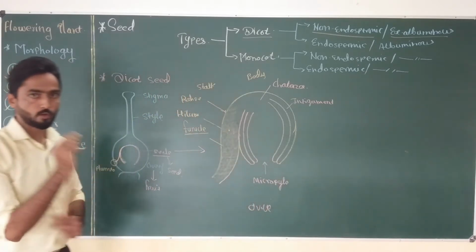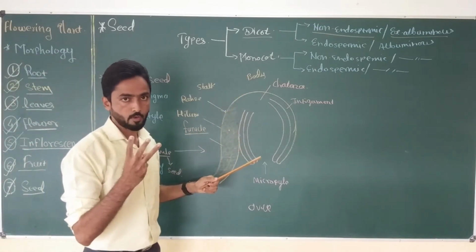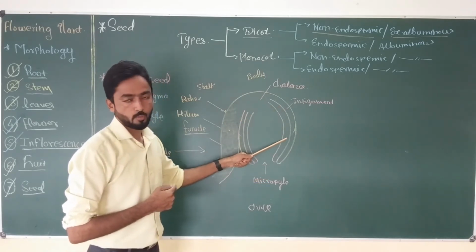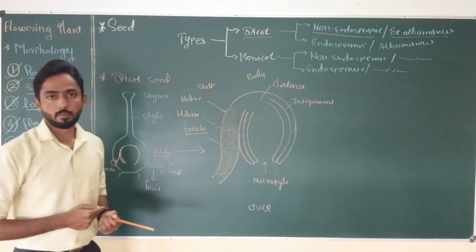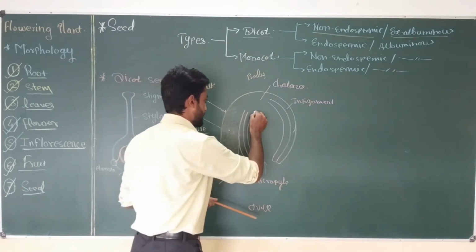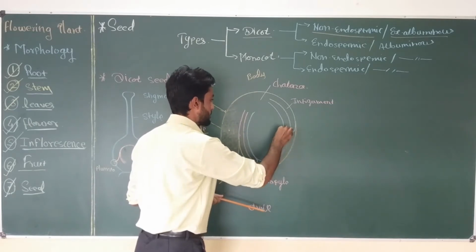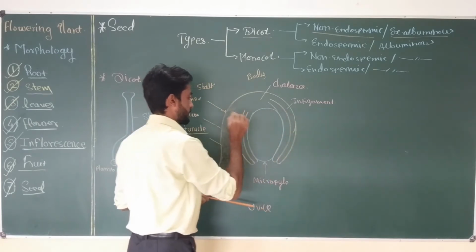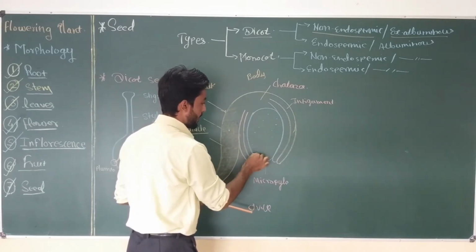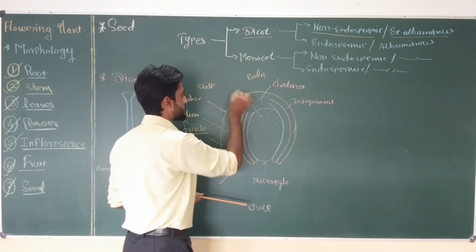Okay, so now we are talking about the body of the ovule, which shows three important parts: chalaza, micropyle, and integument. Inside the integument, the actual bulky tissue is present, and this portion, which shows many haploid parenchymatous cells, is called nucellus.